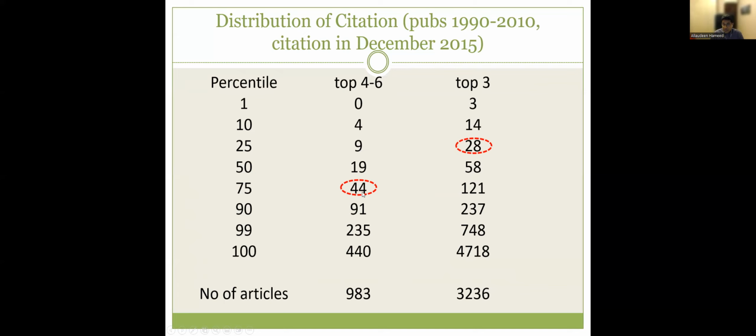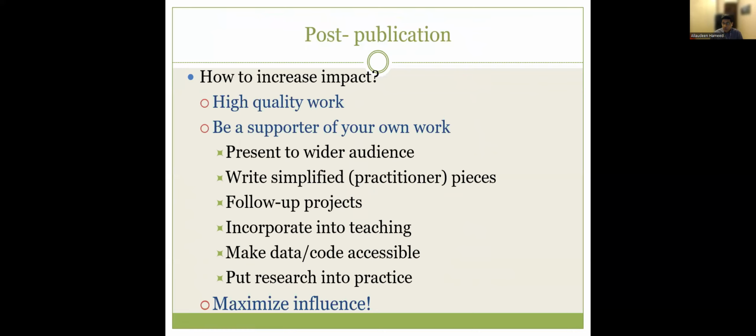What I'm trying to make is that just because you get into a lower journal based on ranking doesn't mean that the citation or impact need be lower. You can also get high impact as long as you're doing a good job in writing the paper and in marketing the paper. So that leads to the next question: what do you do post-publication?